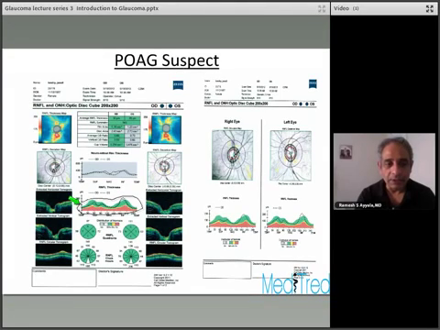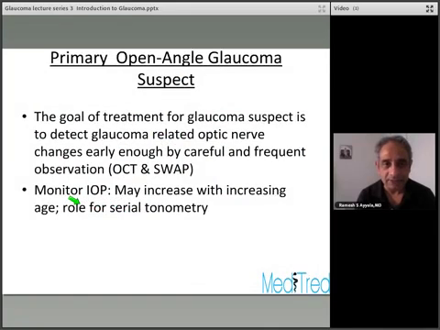It falls within the green zone, telling you that it's normal. And the readings here at 92 and 95 micrometer thickness fall within the normal range. And so we know that the retinal nerve fiber layer thickness is normal. And so here is a classic example of a patient who is a glaucoma suspect.